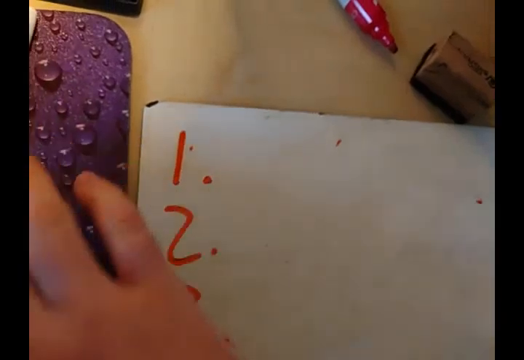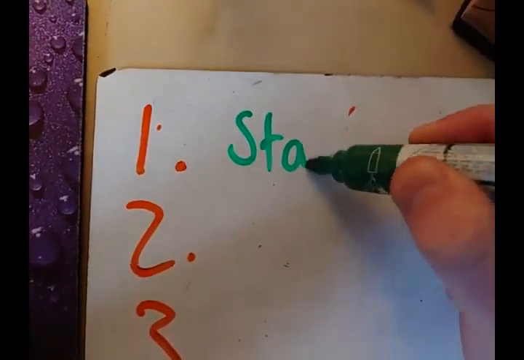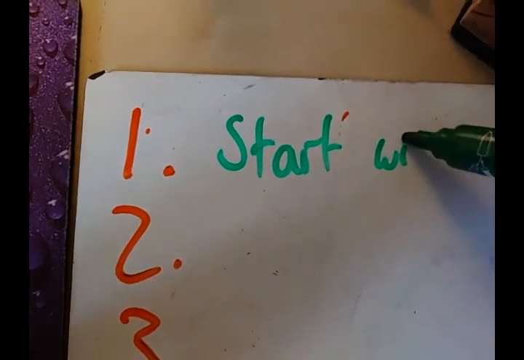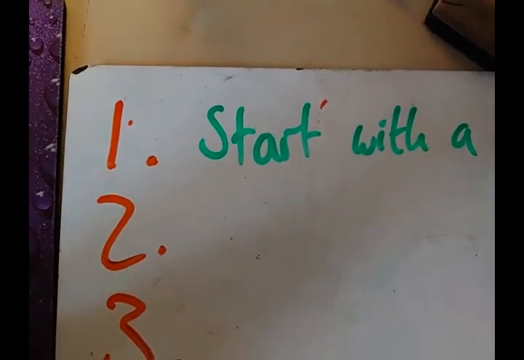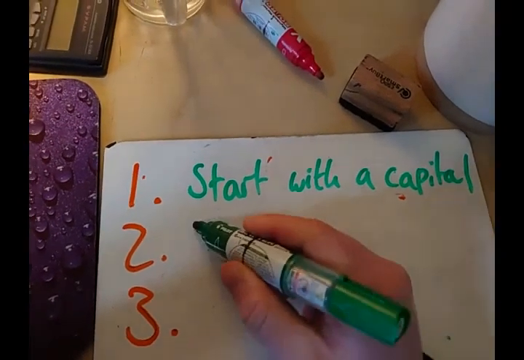A complete sentence. You can pause the video if you like and have a think about it. What are those three things? Okay, so it needs to start with a capital letter. It needs a full stop at the end.